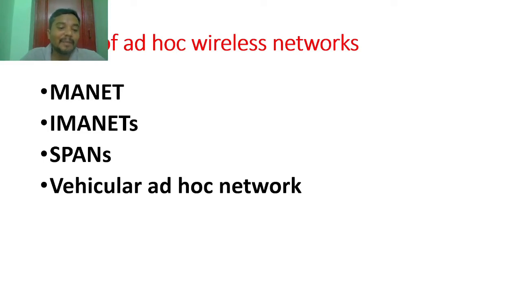In mesh networking, the devices or nodes are connected so that at least some, if not all, have many paths to other nodes. This creates many routes for information between a pair of users, that means the current node and the corresponding node. So there are many routes.